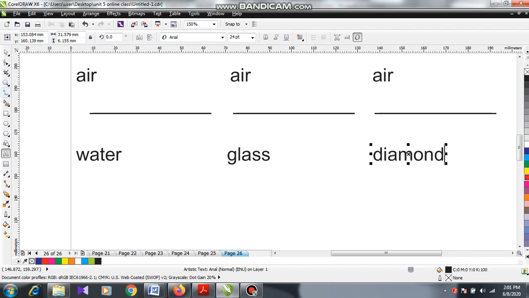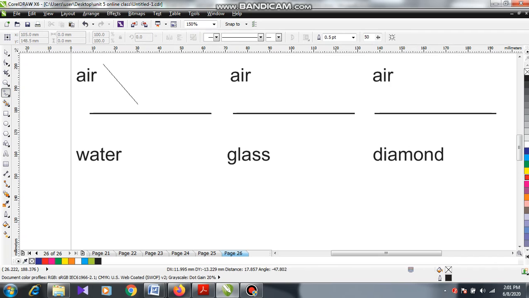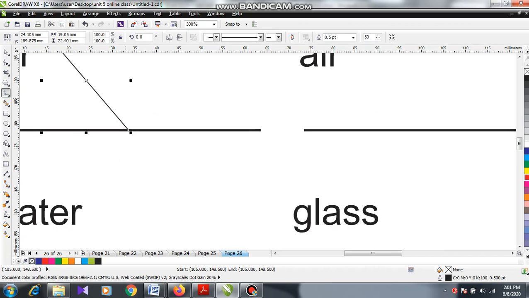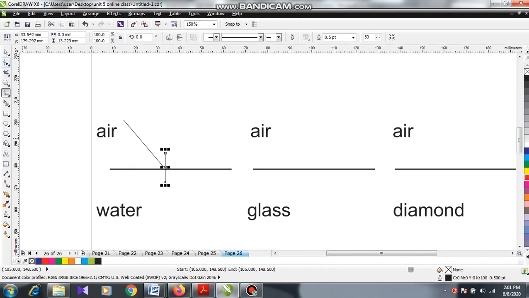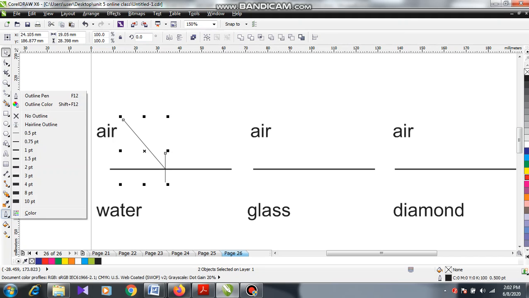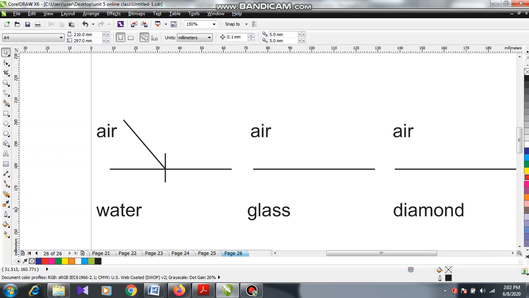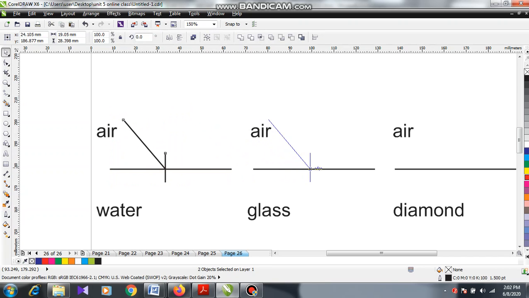I am sending a light ray through the air here and drawing a normal through the point of incidence. I am doing the same thing to this one also, and to this one also.